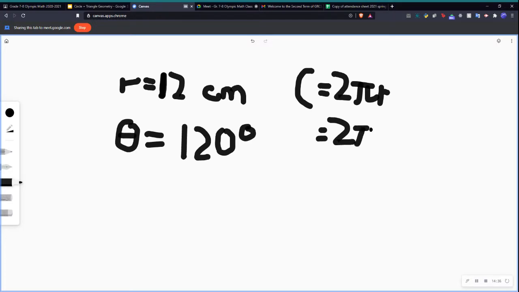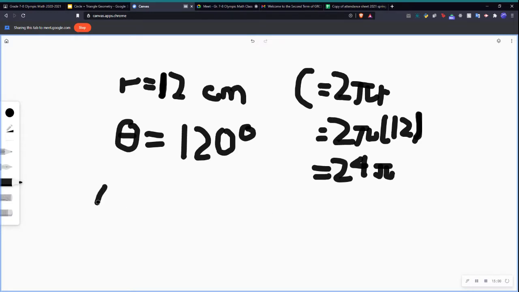So this is 2 pi times 12, with 12 in brackets. We can multiply 12 by 2 to get 24 pi. And we're going to keep it as an exact answer. We're not going to multiply 24 by pi and calculate the decimal value. Just keep it as pi.